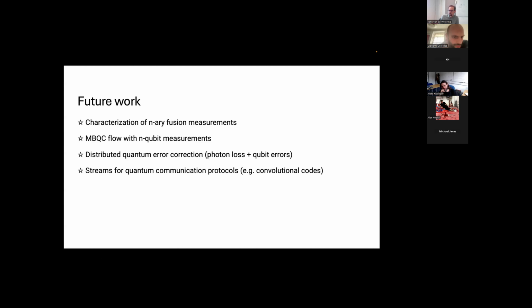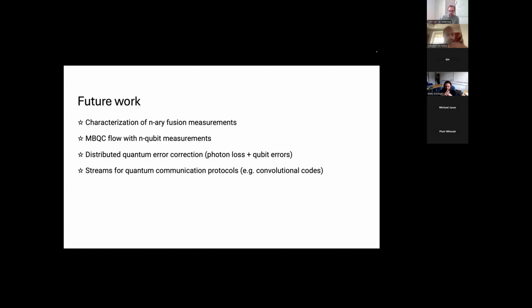Another thing that we've been looking at is distributed quantum error correction. Here we haven't looked at any errors, we haven't looked at error correction. It was basically a NISQ implementation of MBQC. But obviously, if you want to scale this architecture, you need to consider errors such as photon loss. And here we have a language that interfaces the photonic side and the qubit side.